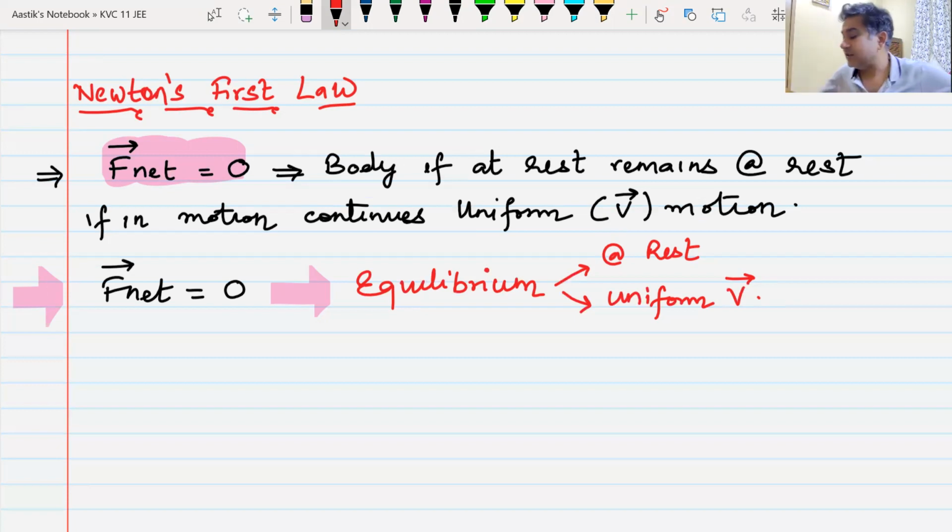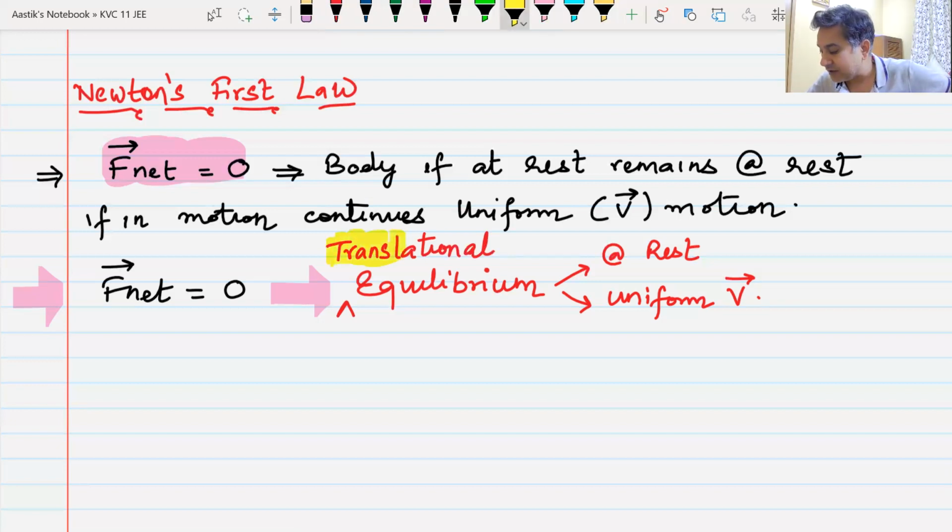So we'll study in the chapter coming up that when the net force on the body is zero, instead of calling it equilibrium, it is better, or more correct, to call it translational equilibrium. The body is in translational equilibrium. That is the right word to use. Not just equilibrium, but the body is in translational equilibrium.